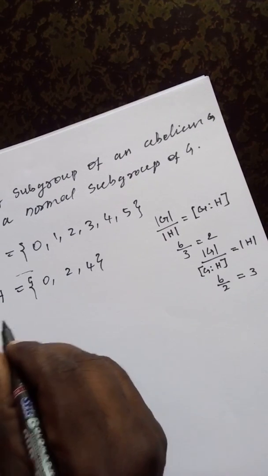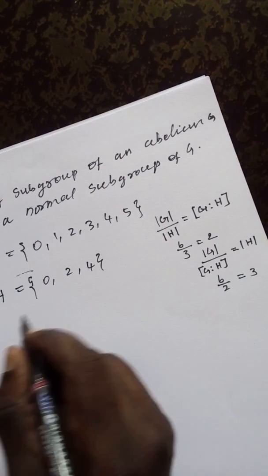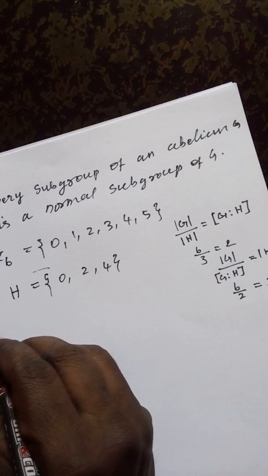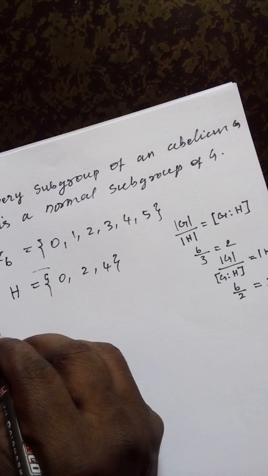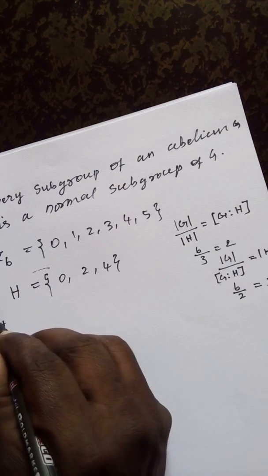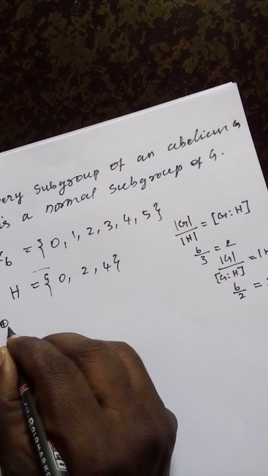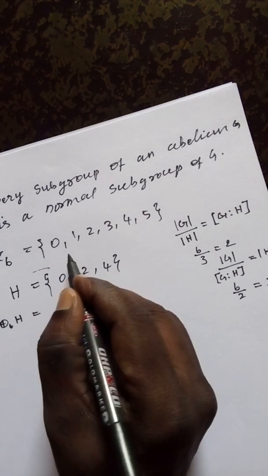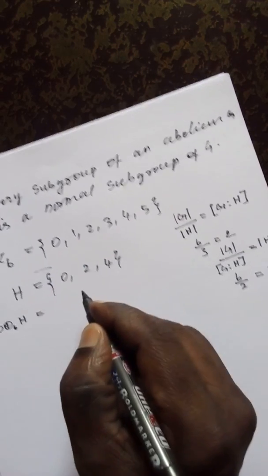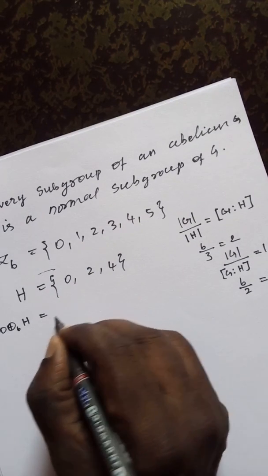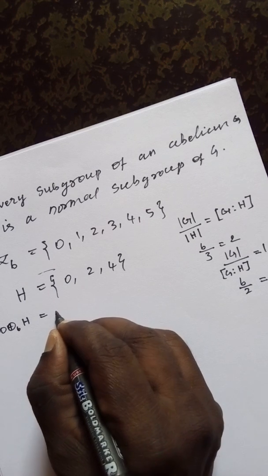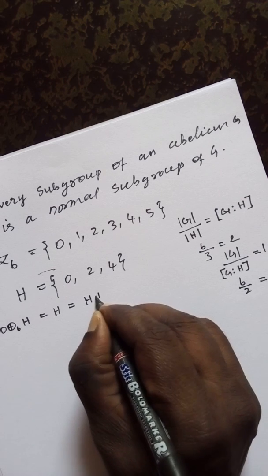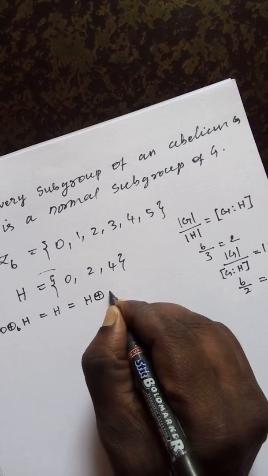So this is a subgroup consisting of 3 elements. We will find the left cosets. Suppose under addition modulo 6, we take the element 0 from Z6. This is H, and also the right cosets.